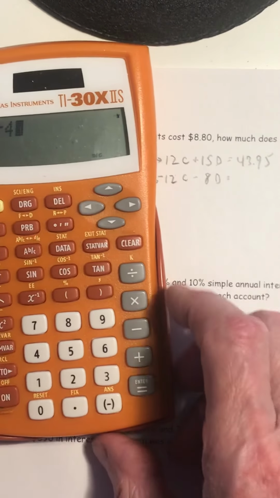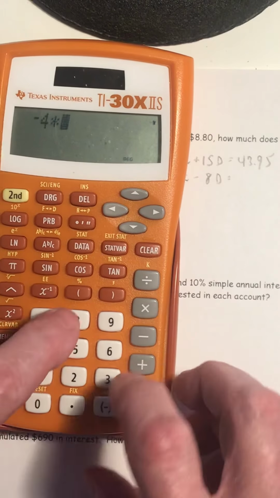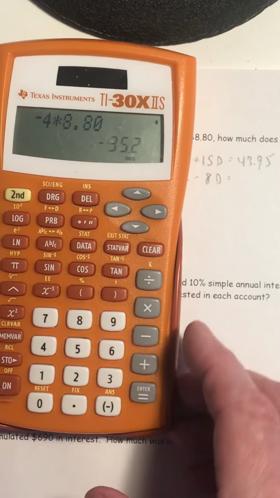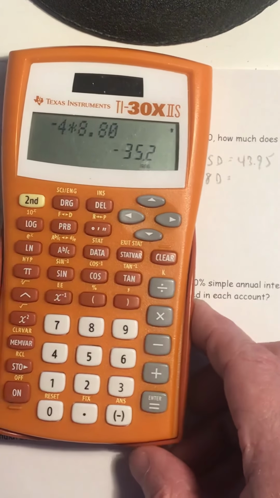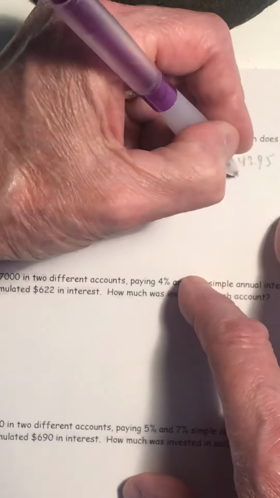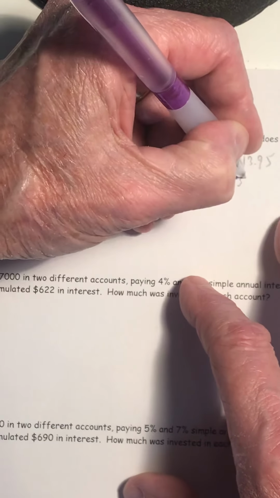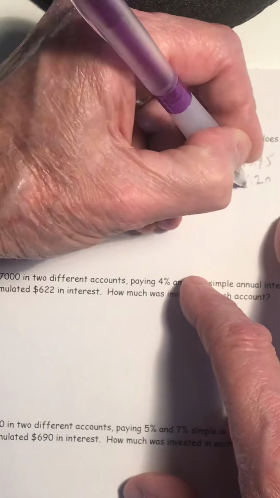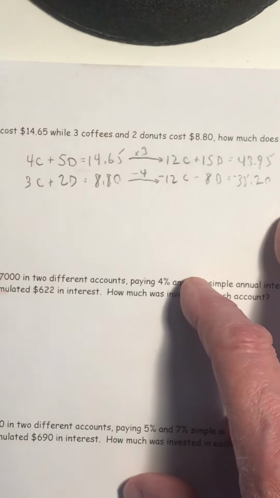So I'm doing negative 4 times 880 is negative 3520. Make sure I copy that right. Yeah. Okay.